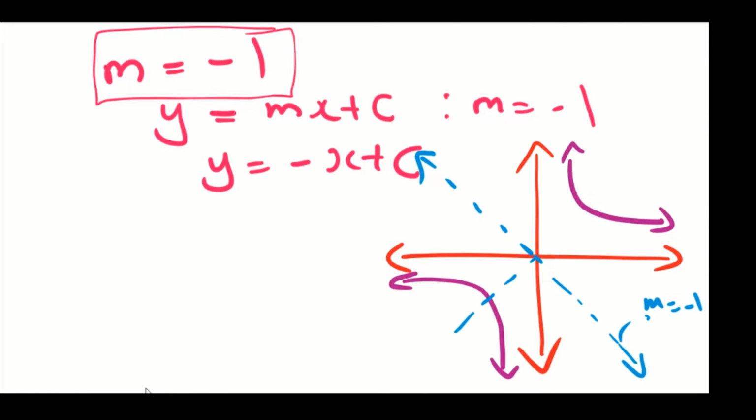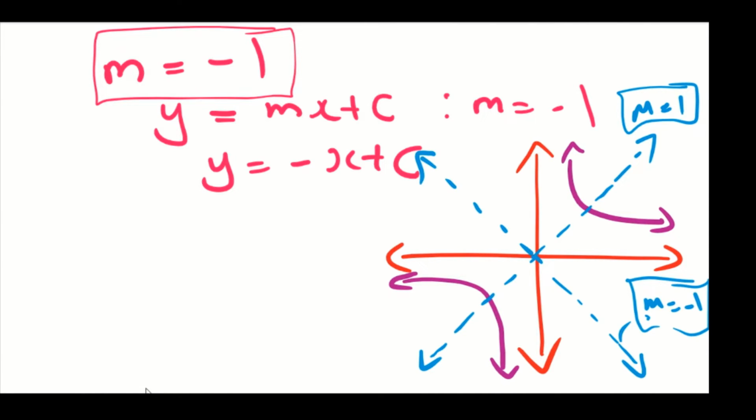But there's also another axis of symmetry that passes through in this form, which is increasing. So the gradient for this one will be equal to 1. So the gradients are always these values here, right? The increasing axis of symmetry has gradient positive 1. The decreasing axis of symmetry has gradient negative 1, right? So hence here we chose negative 1 because we are asked to find the one with the negative gradient.